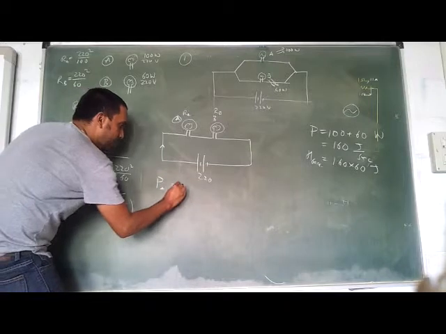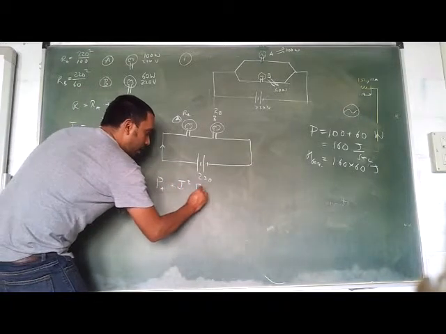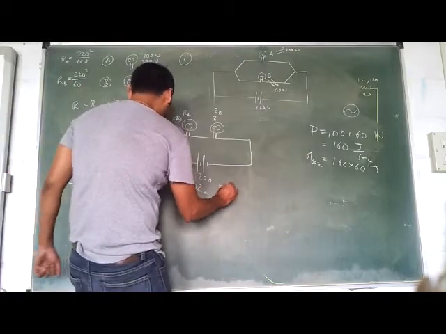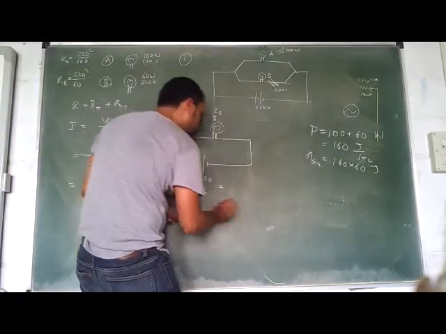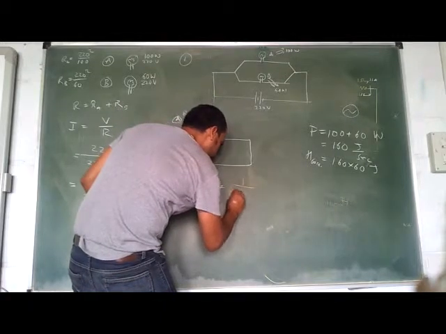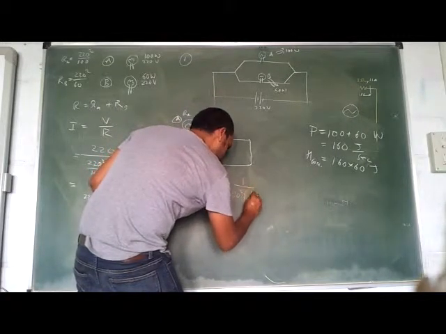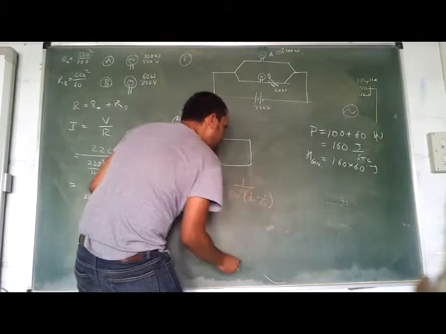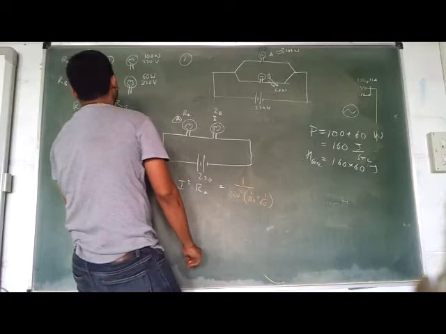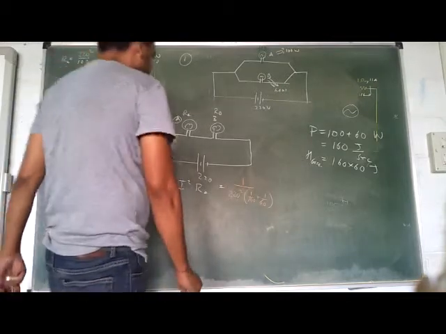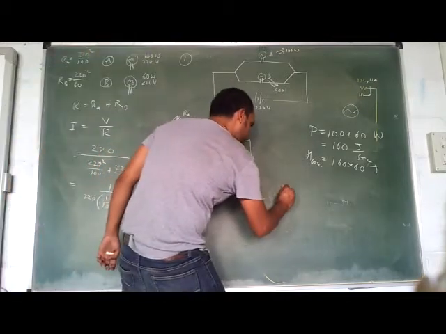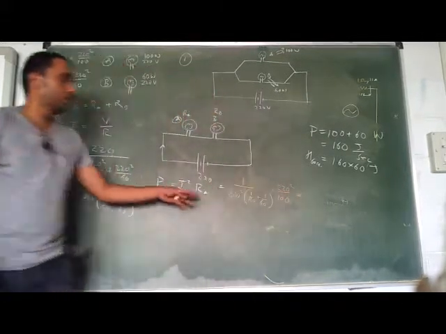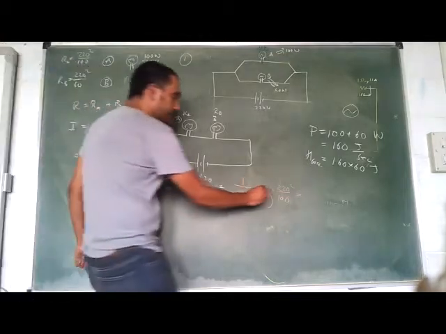Power A is equal to I square RA, which is equal to... RA was how much? 220 square by 100. The two 220 squares get cancelled.